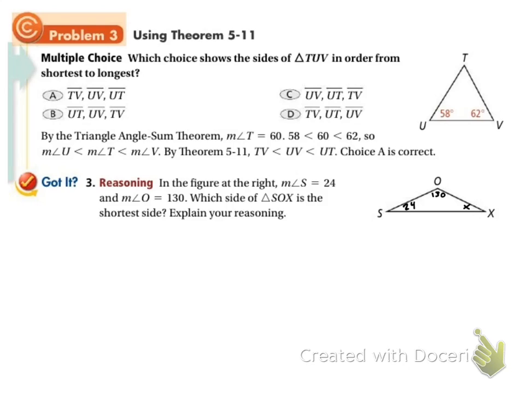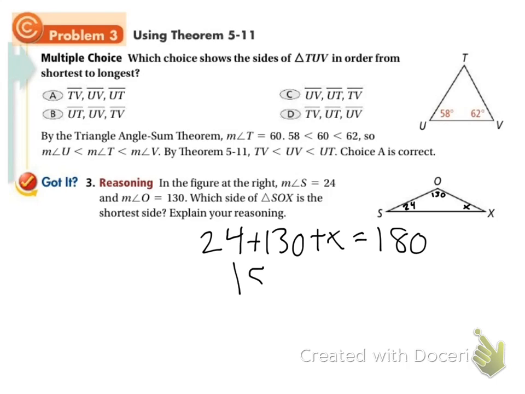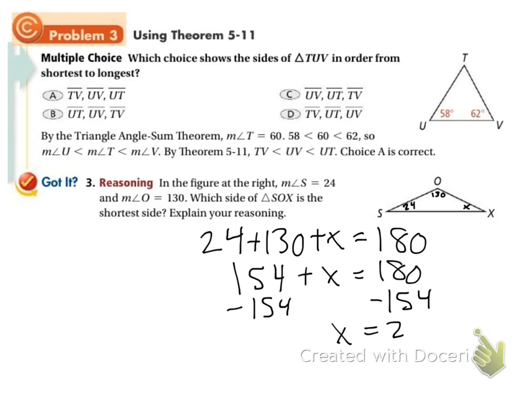I'll call it angle X right now, because I know that they need to add up to 180. 24 plus 130 plus X needs to equal 180. So that's 154 plus X equals 180, and I'll subtract 154 from both sides, and I get X equals 26.